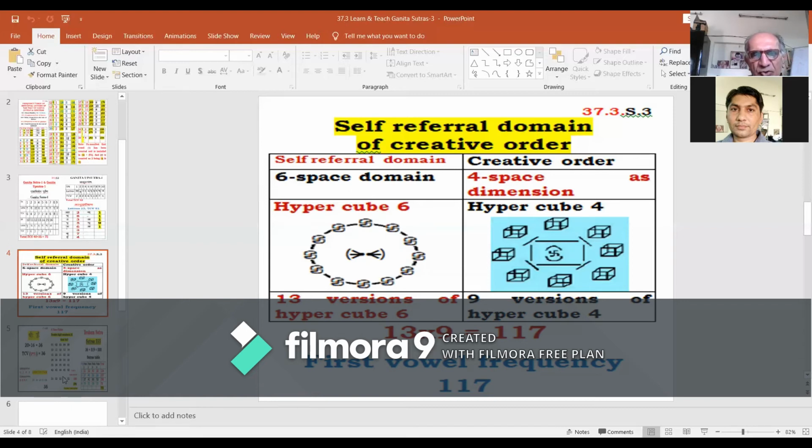Therefore, this universe is of a format of 117 value, and it is this 117 value which is being chased by the mathematical process of Ganita Sutras, in terms of having frequency for the first vowel itself being 117.